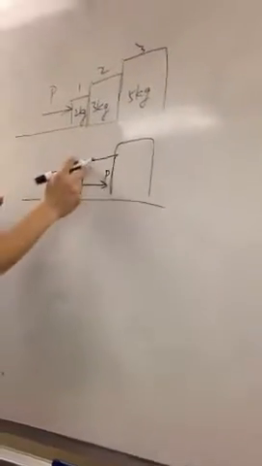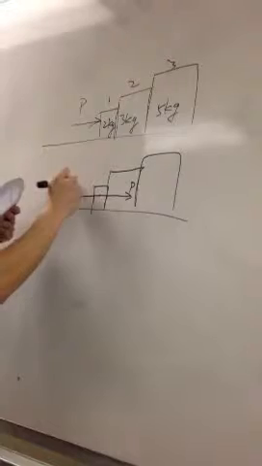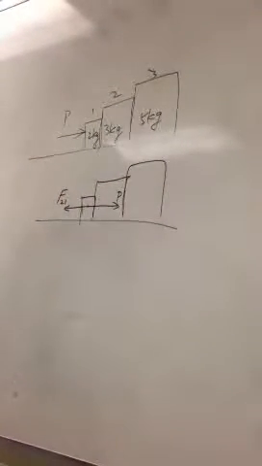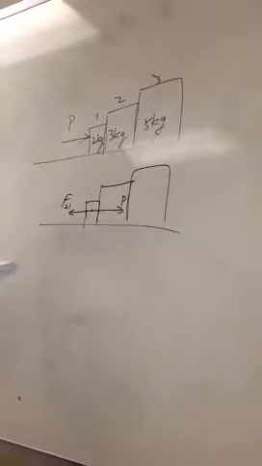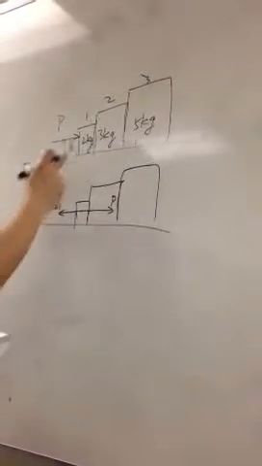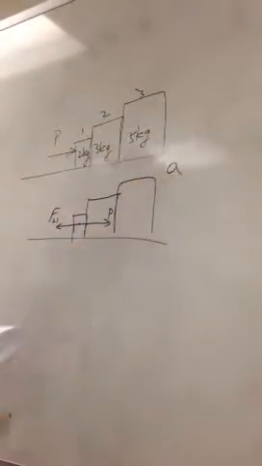It also has a force from block 2 to 1, right? The same thing. Here we want to calculate. The only thing we know is for all the blocks, they share the same acceleration.